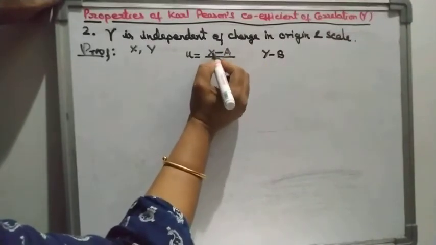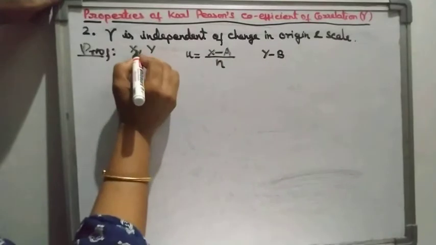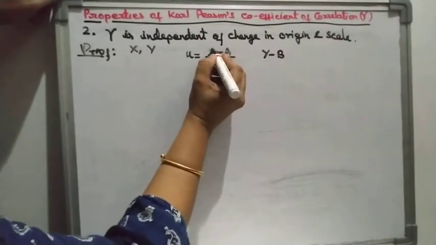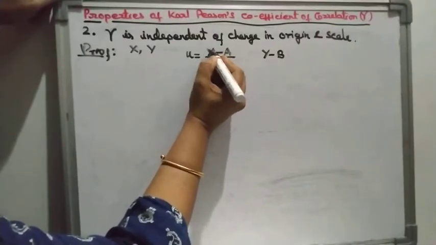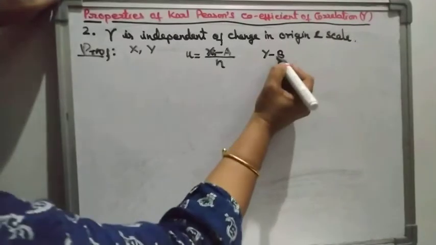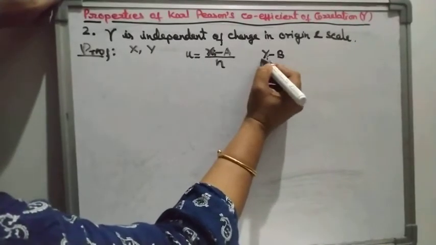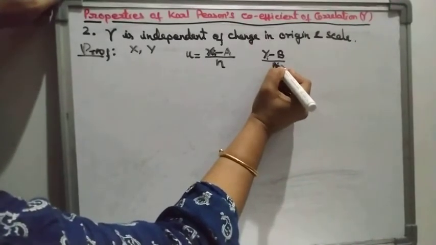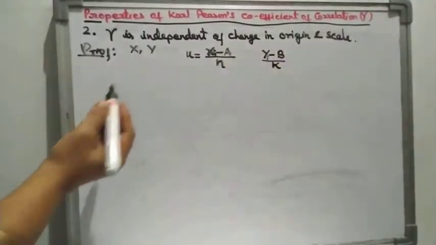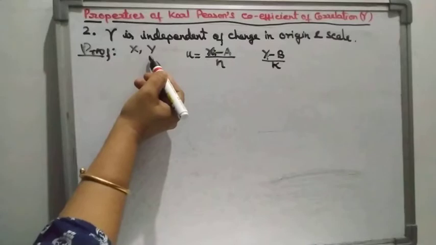That means from all the values of x, we subtract a. Okay, this is xi. Okay, u equals xi minus a divided by h, v equals yi minus b divided by k. Let a, b, h and k be constants. That means these are your original variables x and y.